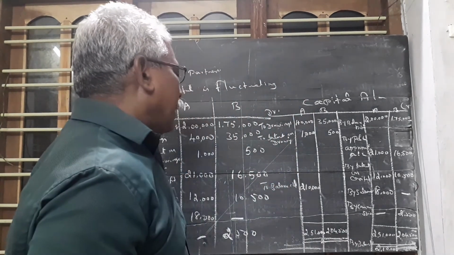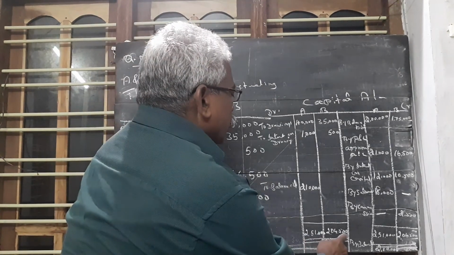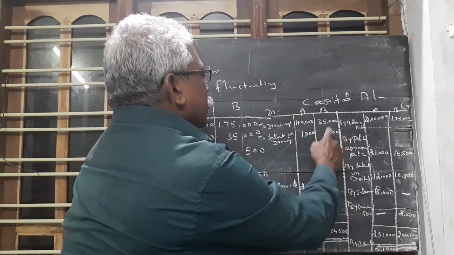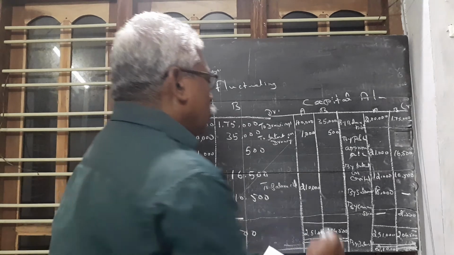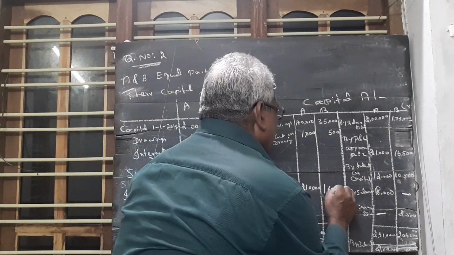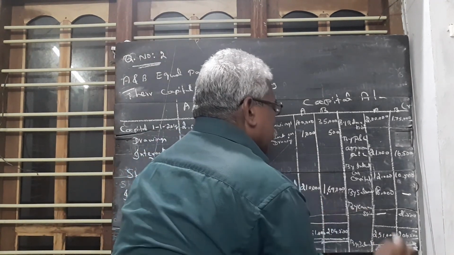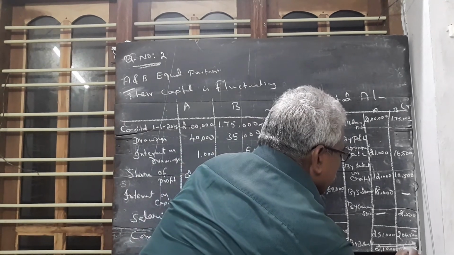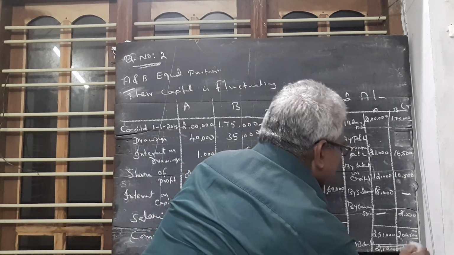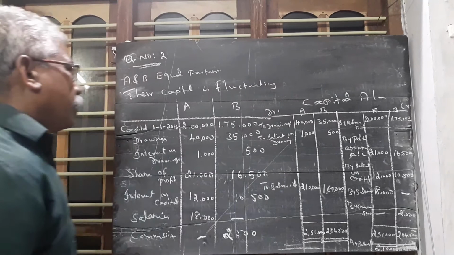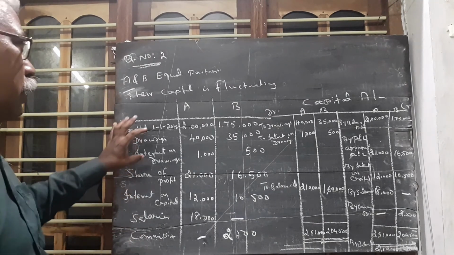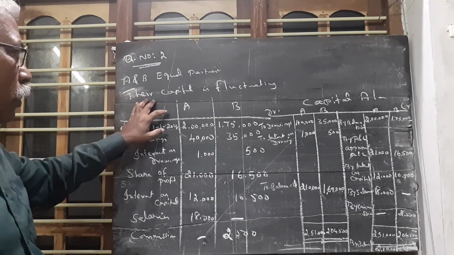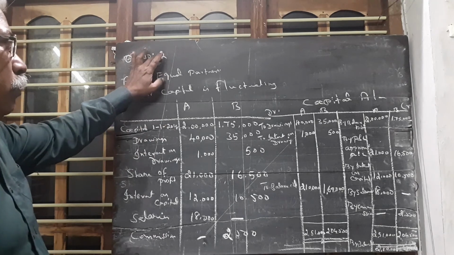To balance carried down: 2,04,500 minus 35,500 is equal to 1,69,000. The same amount, 1,69,000, is entered here also. So this is the procedure for completing the second problem.